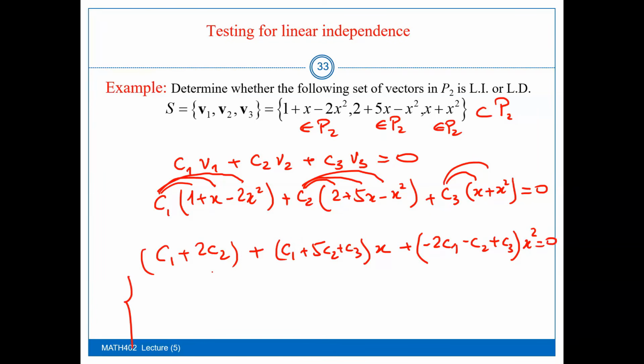And we obtain the system. A polynomial that is 0 for any value of x is always 0. This means that each of the coefficients is 0. So this is the system obtained in this case.